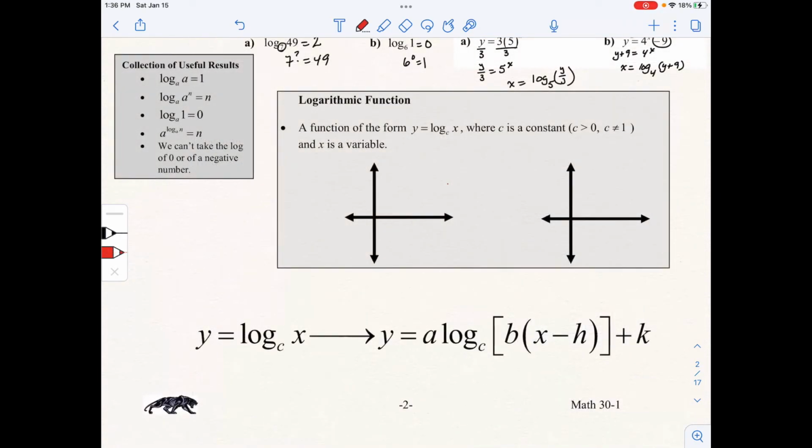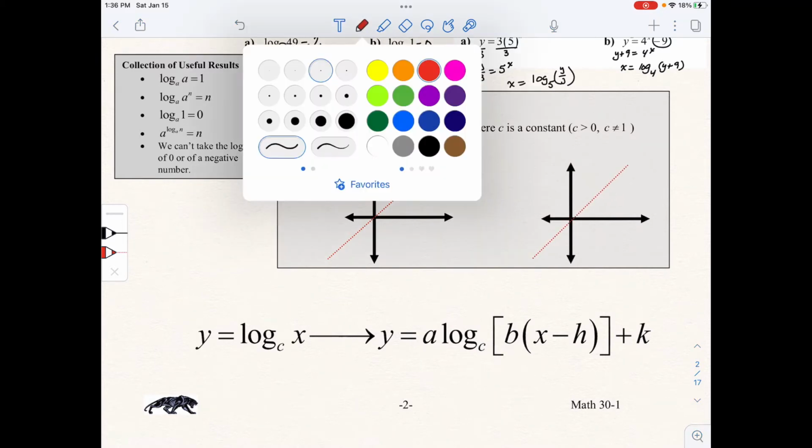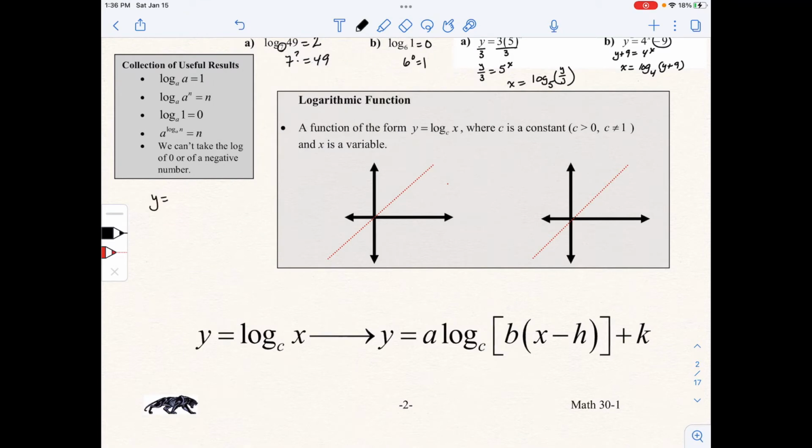One thing we know is that a log function is simply an inverse of an exponential function. So if we had y equals 2 to the x, and we switch x and y, we would get x equals 2 to the y, and when we change that into logarithmic form, we get log of x to the base 2.